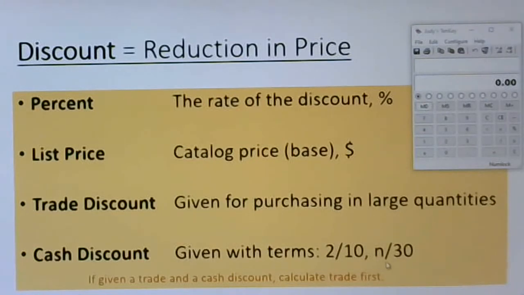Otherwise, the whole amount of what I owe is net 30. The whole amount is due in 30 days. So we read this as 2/10 net 30. If you're given a trade discount and a cash discount, you will always take the trade discount first. So its trade discount is one discount, cash discount would be the second discount.